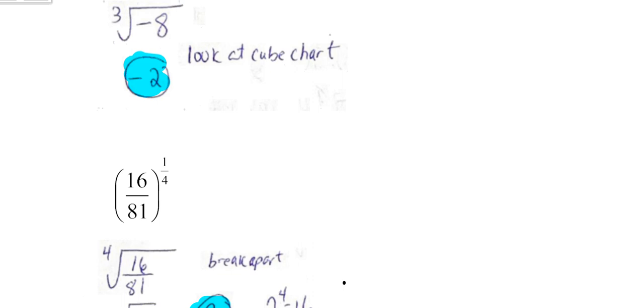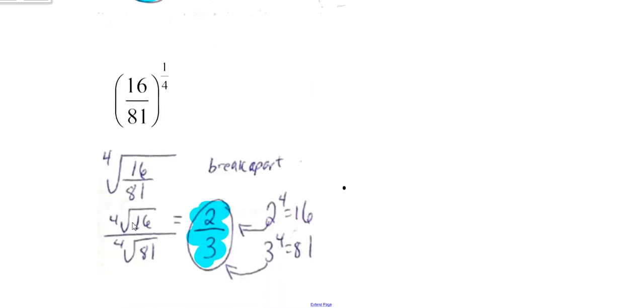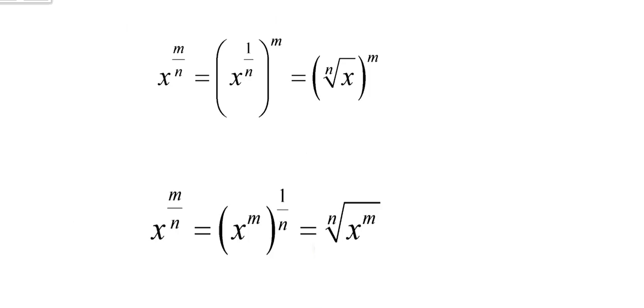We can do the same thing here. So if I separate it, I'm going to get the fourth root of 16 over the fourth root of 81, and it's going to give me 2 over 3. So 2 to the power of 4 is 16, so the fourth root of 16 is 2. 3 to the power of 4 is 81, so the fourth root of 81 is 3.